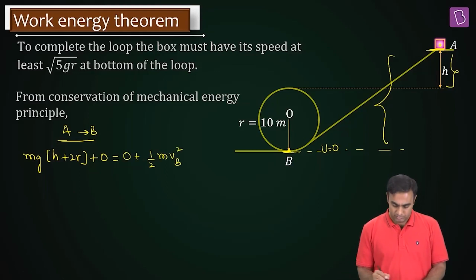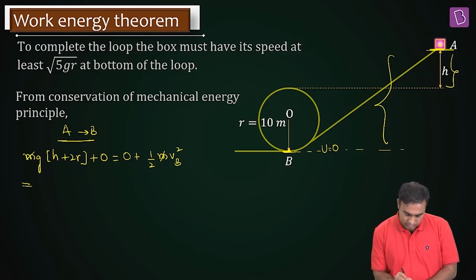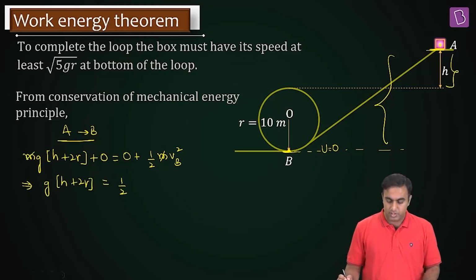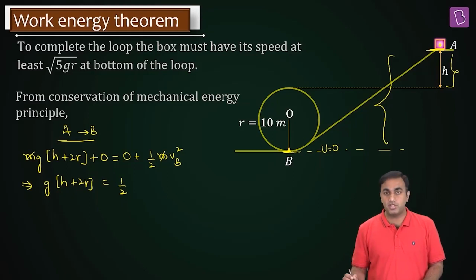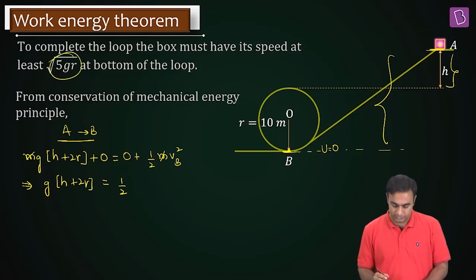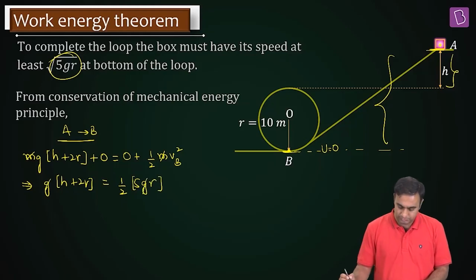You can cancel m. So you get g into h plus 2r equals half into what is the minimum speed required by the block so that it can just complete the vertical circular motion? It is square root of 5 gr. Substitute that here. You will get half into 5 gr. We can cancel g as well now.